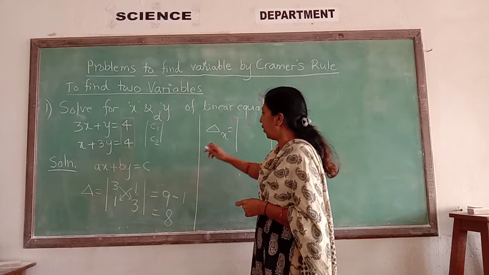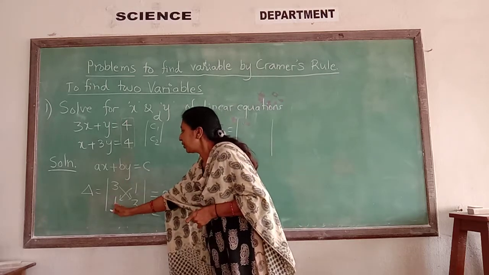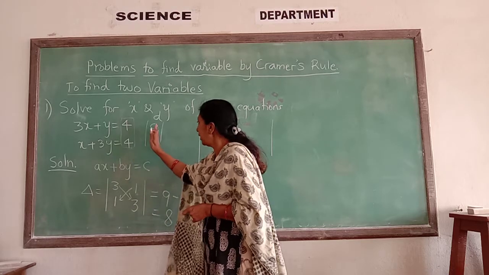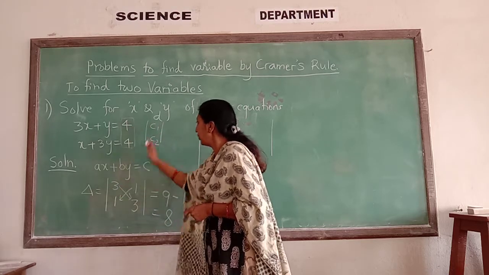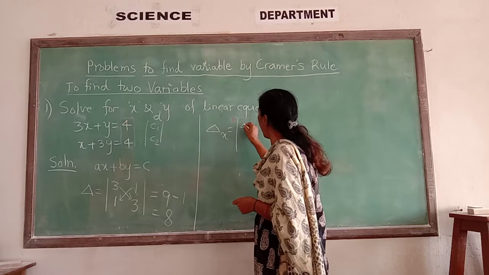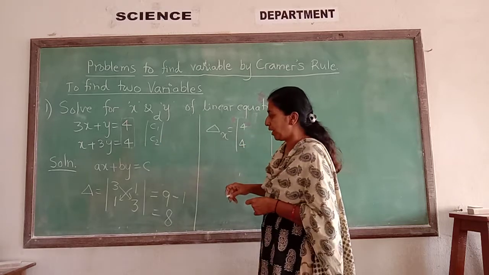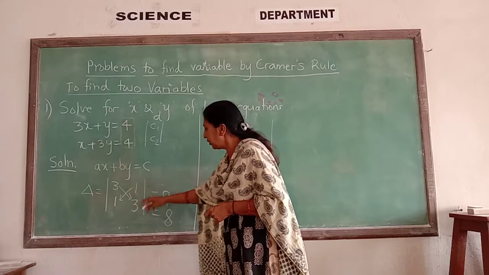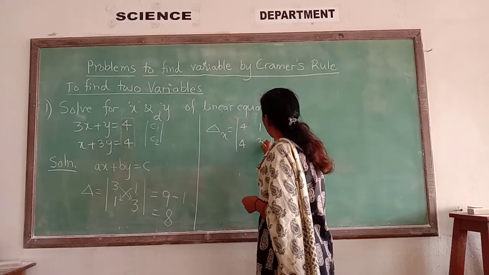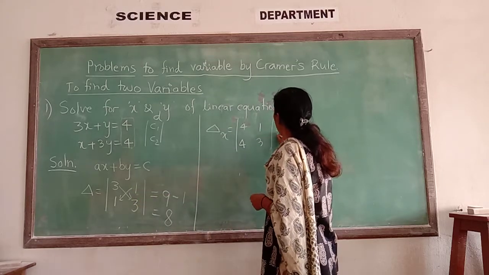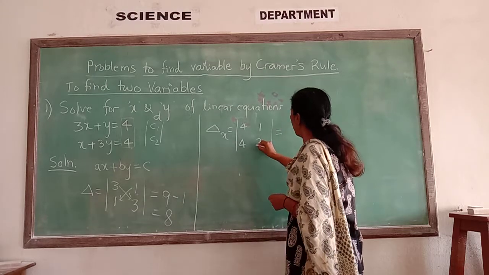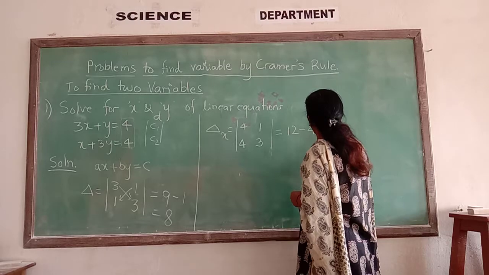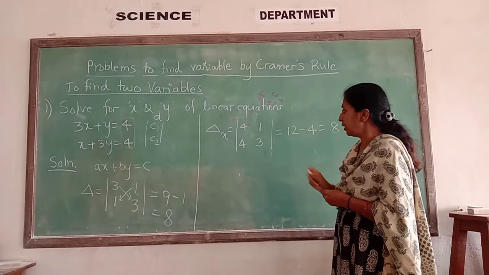For delta x, you delete the first column of delta and then write the constant column, that is 4 and 4 here, and the remaining column 1, 3 stays as it is. Now expand this. 4 into 3 is 12 minus 4 into 1 is 4, that is equal to 8. So this is delta x.